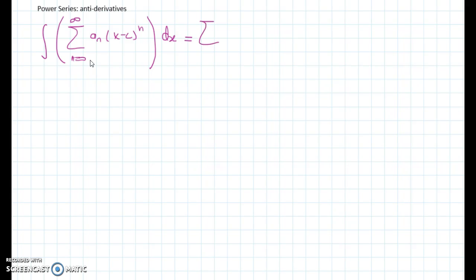So we're going to have the infinite sum, and then we need to find the antiderivative of a_n times (x minus c) to the power of n with respect to x. We can take the constant a_n out from our integral, so the sum from 0 to infinity of a_n, and we need to find the antiderivative of (x minus c) to the power of n with respect to x.